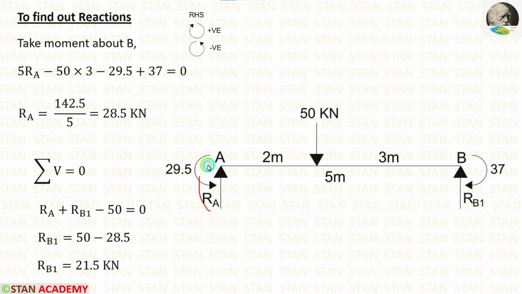The reactions RA and RB1 are acting upwards, so both of them will be positive. 50 kN is acting downwards, so it will be negative. We have already calculated RA, 28.5, so instead of RA let us apply 28.5. In this way, we can calculate RB1, which is equal to 21.5 kN.